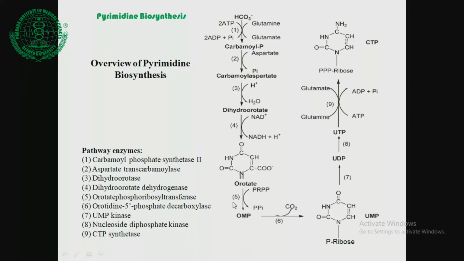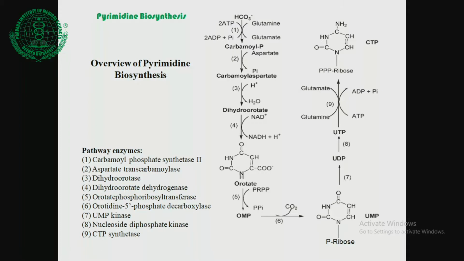The step is mediated by OMP decarboxylase. And in the next step, uridine monophosphate, a canonical nucleotide, is synthesized through decarboxylation reaction, and the step is mediated by OMP decarboxylase, and that gives a pyrimidine nucleotide, uridine monophosphate.